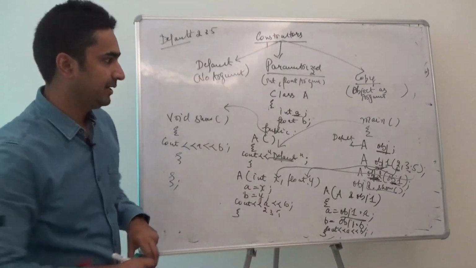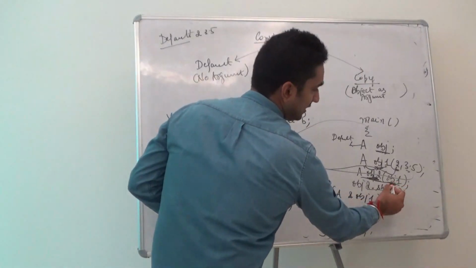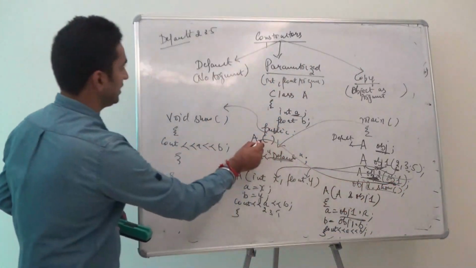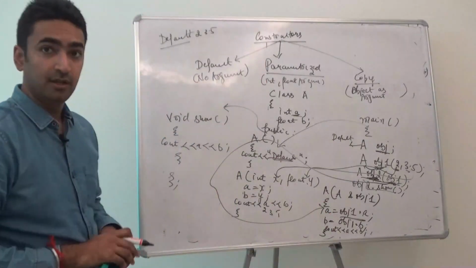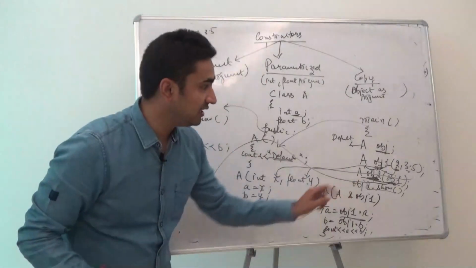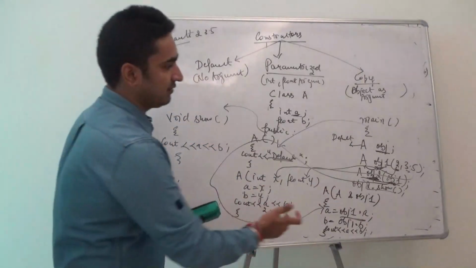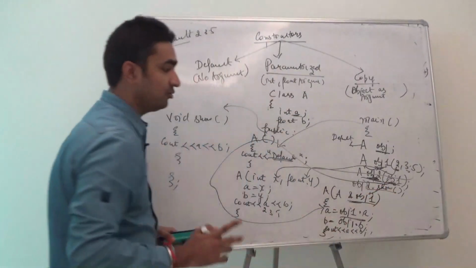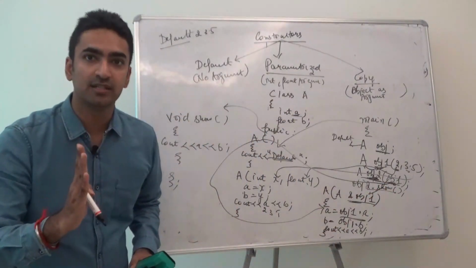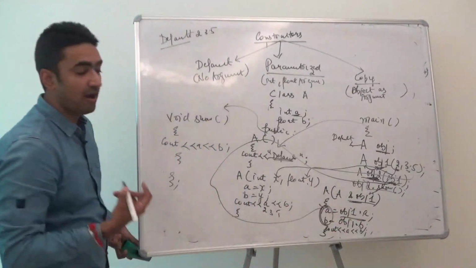Now important point, obj2 is given object 1. The moment this gets called, it goes into the copy constructor over here, and object 1 is passed, guys. Object 1 already has 2 and 3.5. I am initializing data members everywhere.